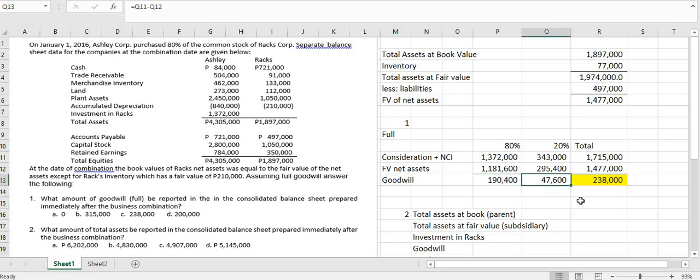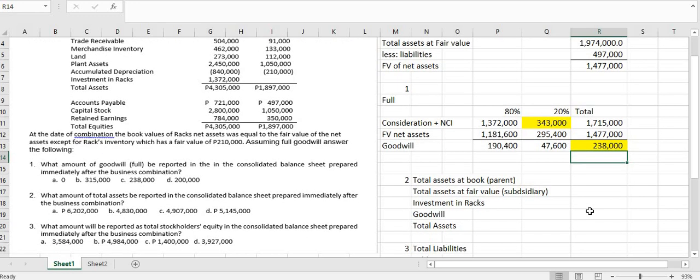The share of the non-controlling interest is 47,600. But the value of our NCI is 343,000 and the value of our goodwill is 238,000.